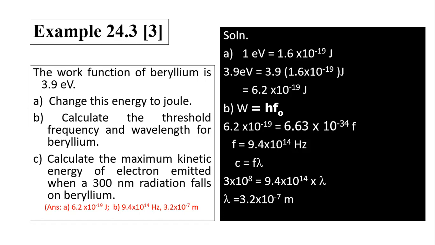Which part of the electromagnetic spectrum is this wavelength? Oh, you're asking me which type? The ultraviolet, infrared, visible, gamma ray, X-ray, or radio wave.